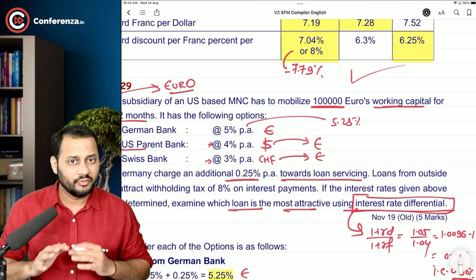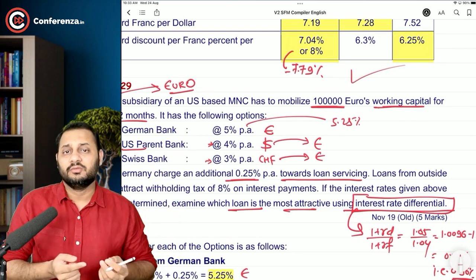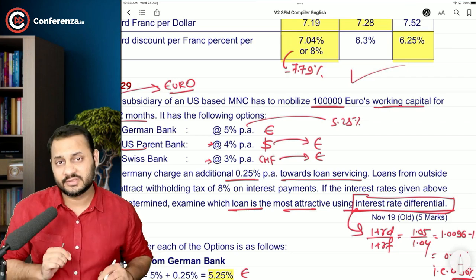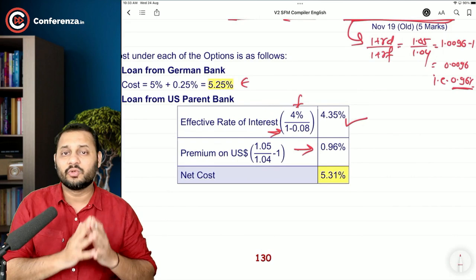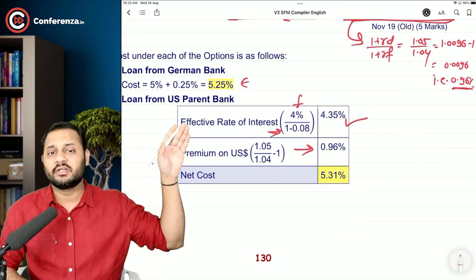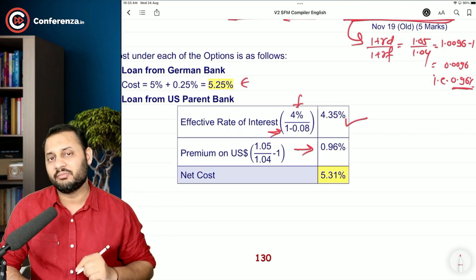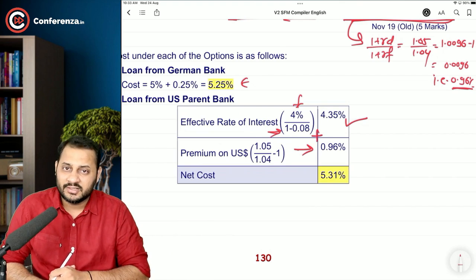Okay, we have to think from the angle of Germany. So our currency should get depreciated by 0.96%. True. So this 0.96% is also right. 4.35% is also right. 0.96% is also right. But they have made one mistake. They have simply added 4.35% with 0.96%.